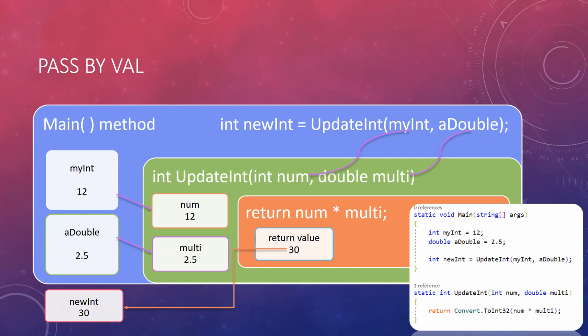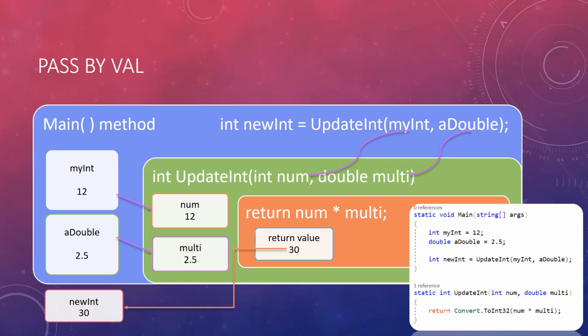Whatever this method does to it, we don't care, right? All we care about is what gets returned out of that method, and we're going to use that as our newInt value. But our myInt and myDouble will never be affected because they're passed by value. We only pass the value that they contain into the method.